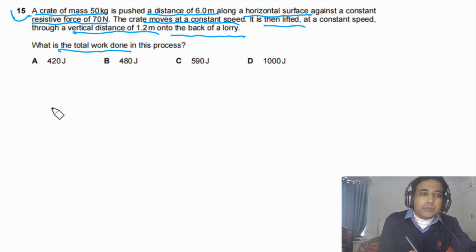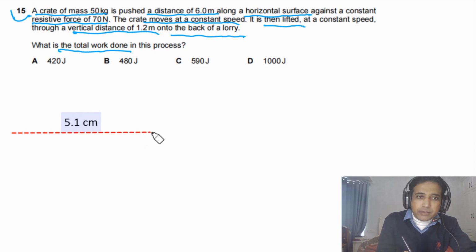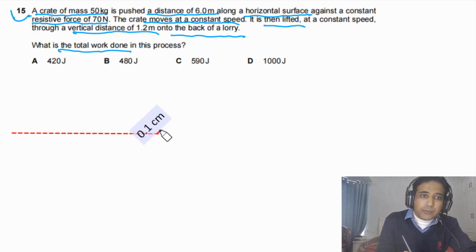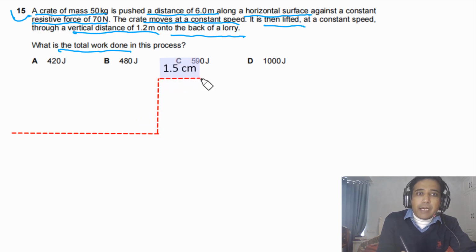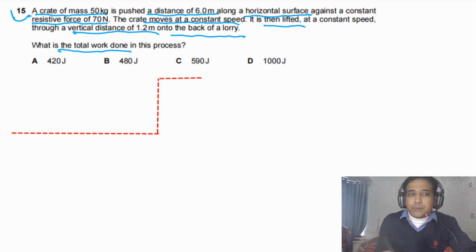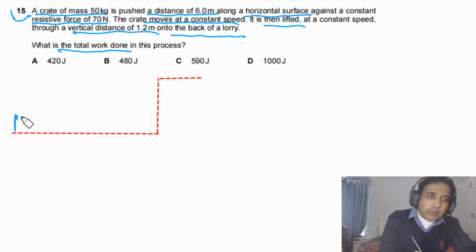So how can we answer this question? The best way is to sketch. This is the horizontal surface, then we lift this block and you can imagine this is the back of the lorry. First, the block was moving at constant speed on the horizontal surface.